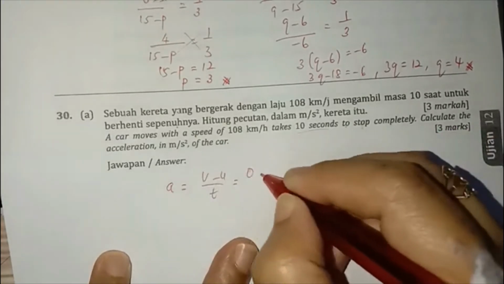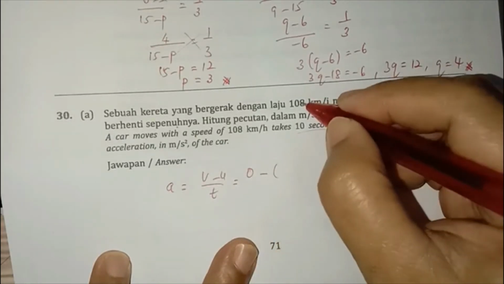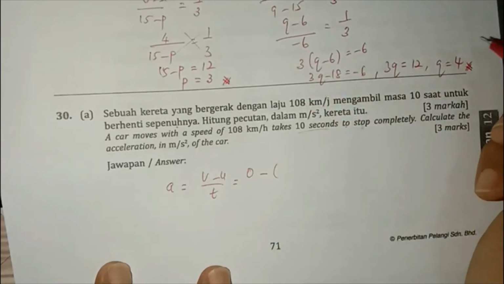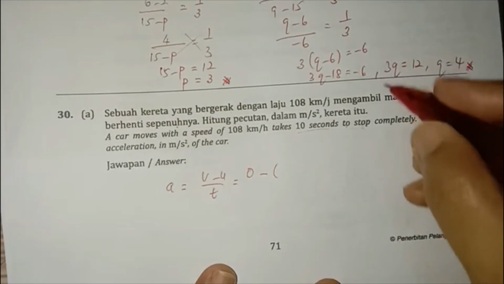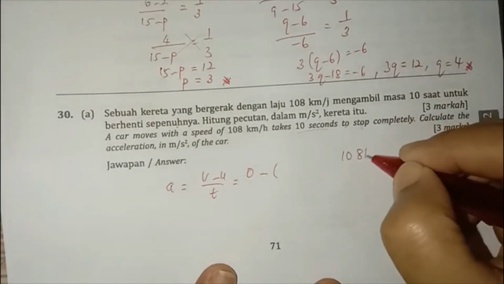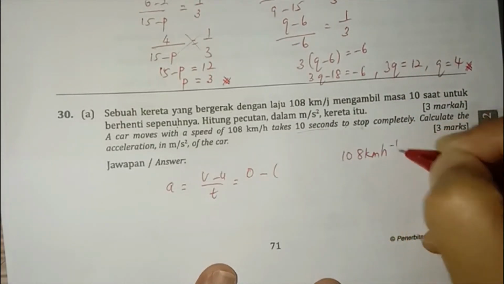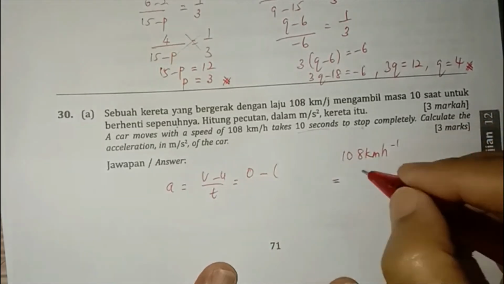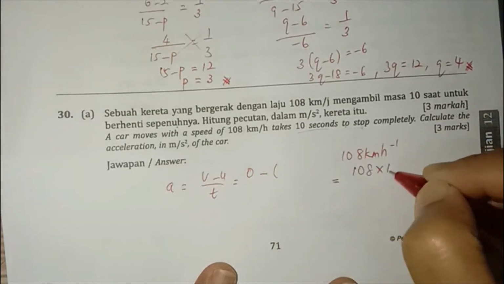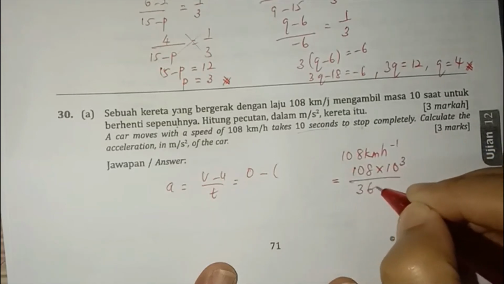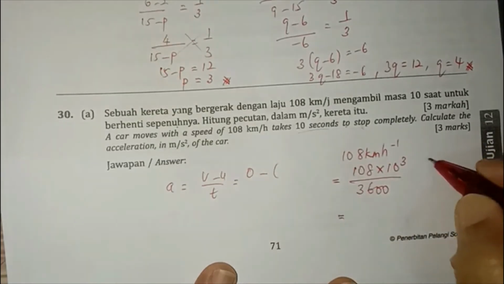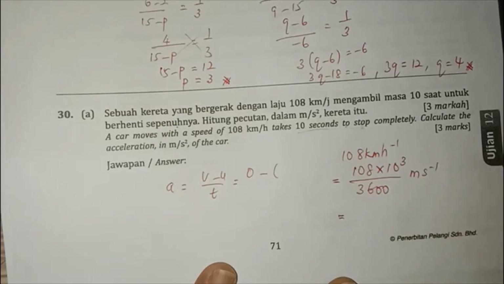So 0 minus 108, you need to convert to meter per second first. So 108 kilometer per hour, you convert to meter per second is 108 times 10 power 3 divided by 3600. So the unit will become meter per second.